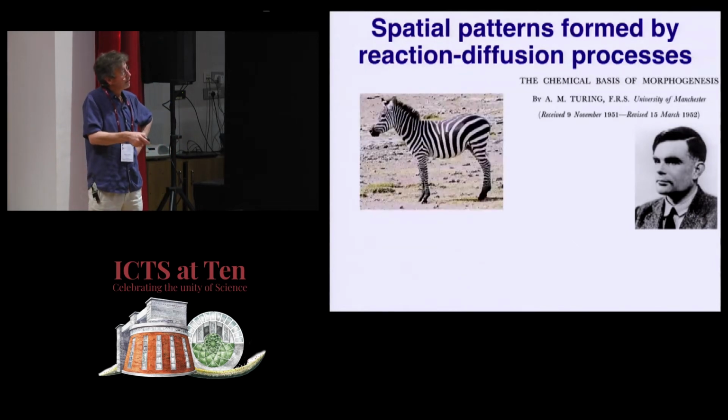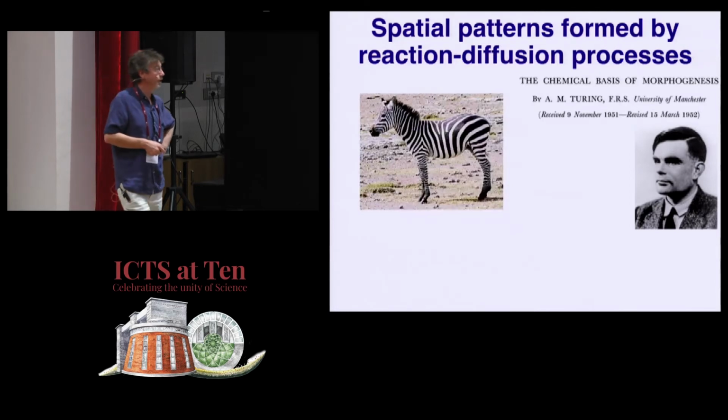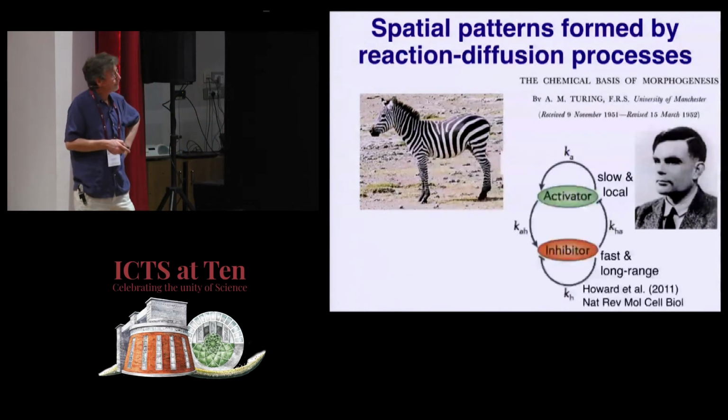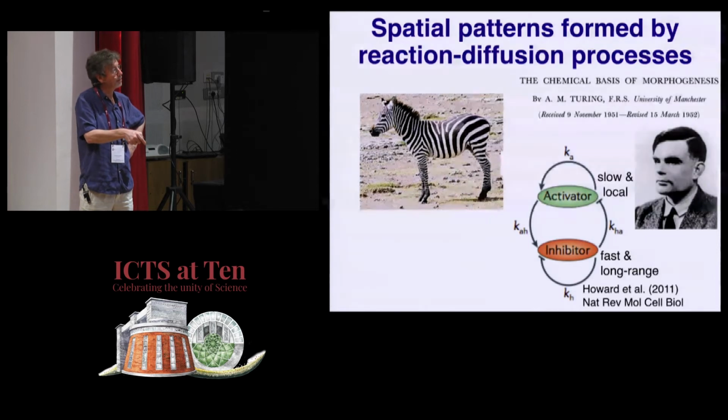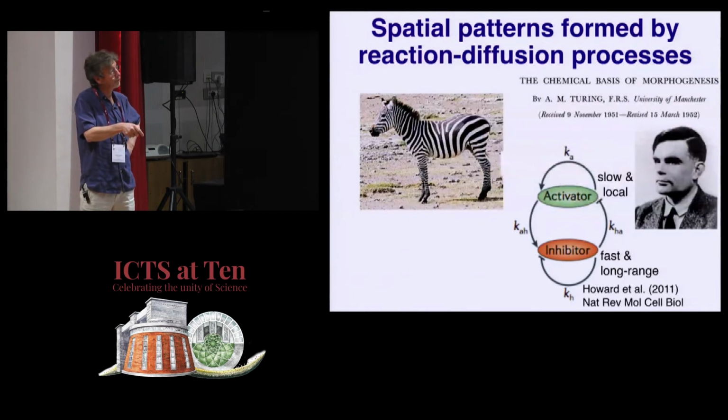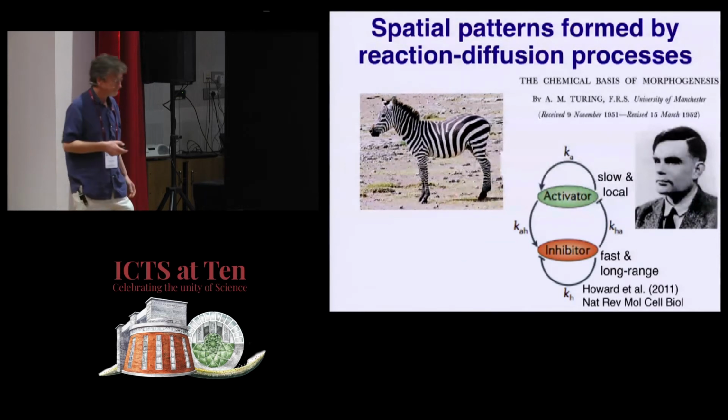Now, Turing was thinking about how the zebra got its stripes. And his proposal was that there were two flavors of morphogen, an activator and an inhibitor. And the idea was that the activator diffused slowly, and so it acts locally, whereas the inhibitor diffuses quickly, and so it acts long range.